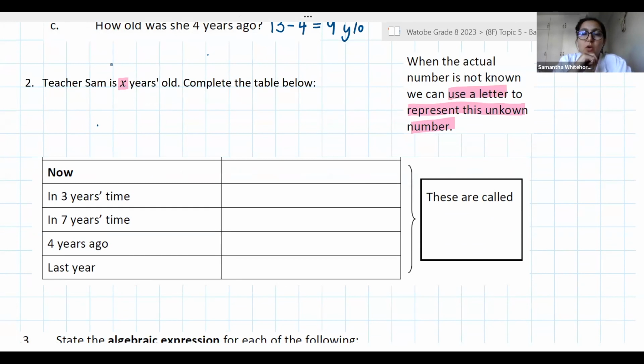What would the expression be, or what would we write down for my age in 3 years' time? On the chat, what would my age be in 3 years' time if I'm currently X years old? If you're struggling, don't stress. I just want to see if anyone's getting it.